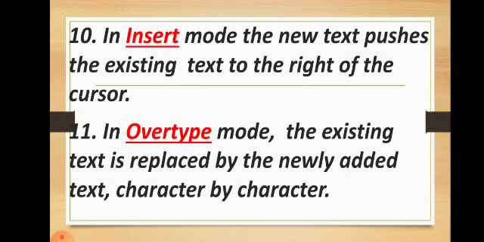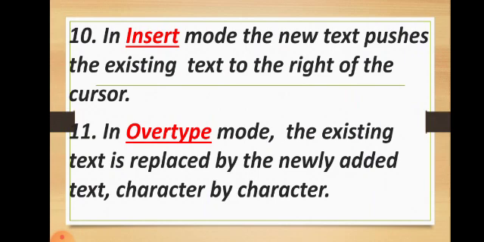Eleventh one. In overtype mode, in dash mode, the existing text is replaced by the newly added text character by character. Means when you want to overtype something on some word, you have already typed the text, you have to select it first.